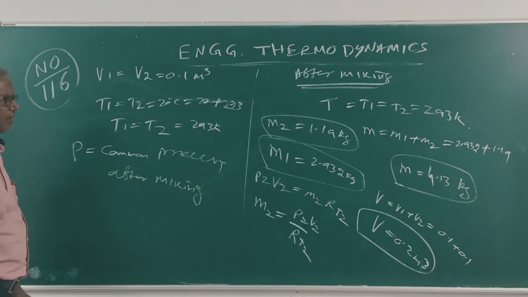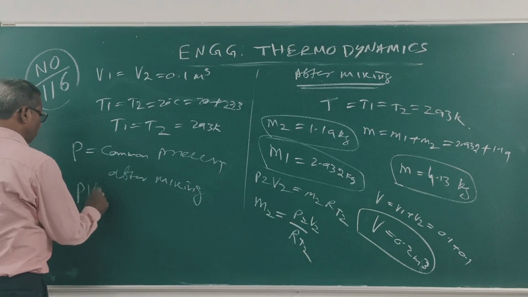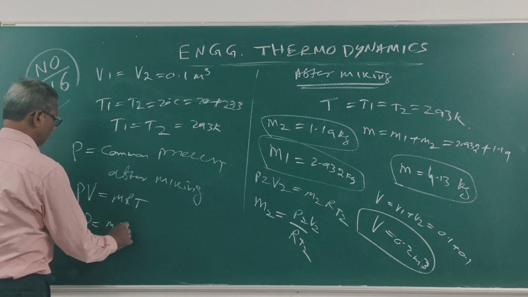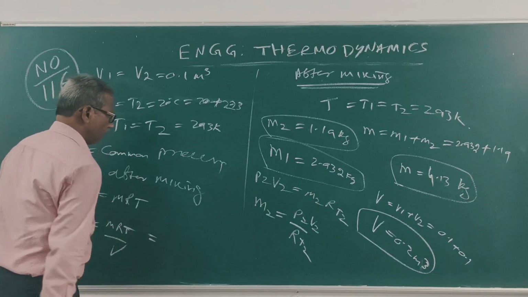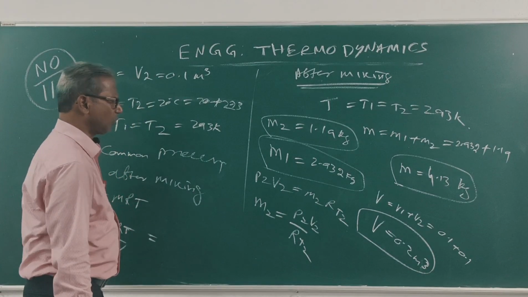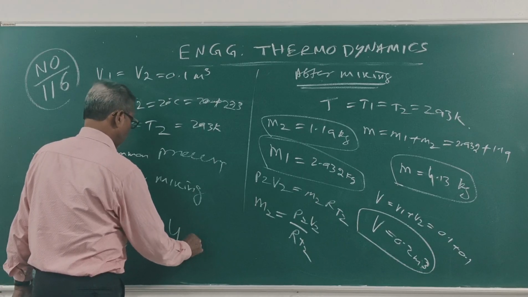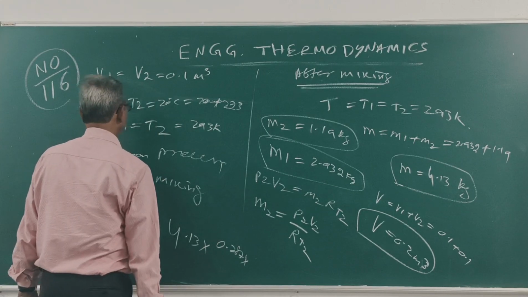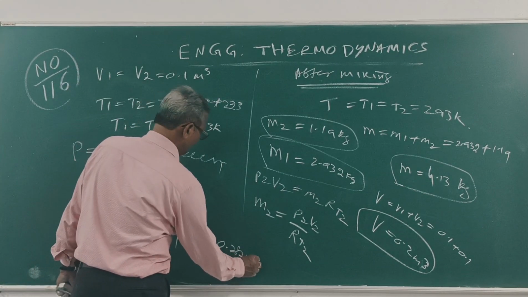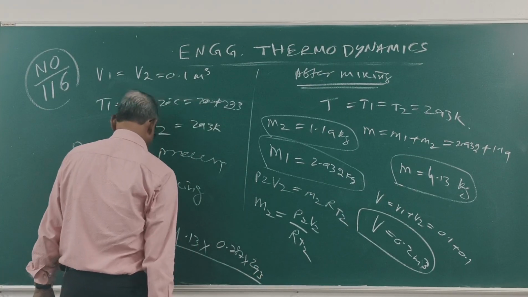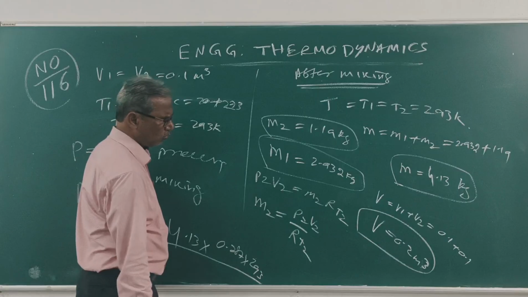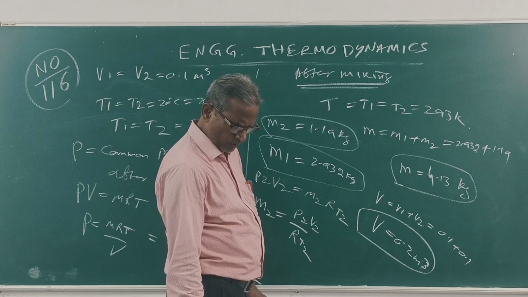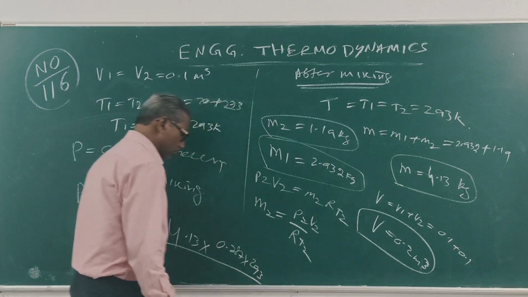P V is equal to M R T, so P is equal to M R T by V. M is 4.13, R is 0.287, T is 293, by V, which is 0.2.